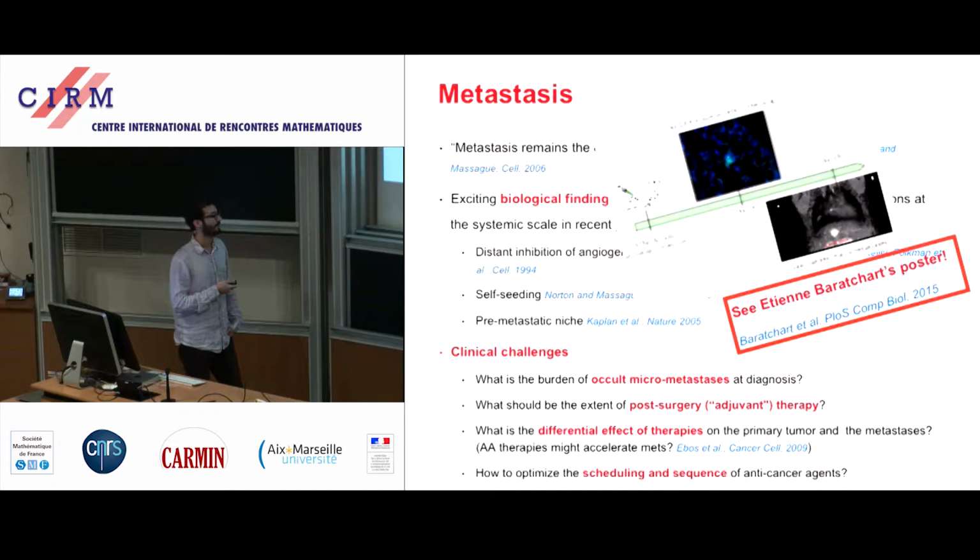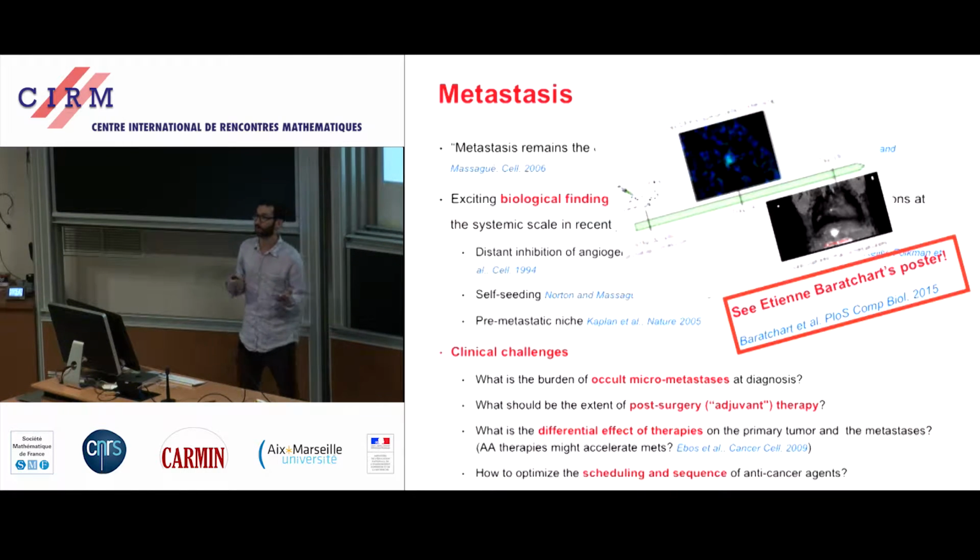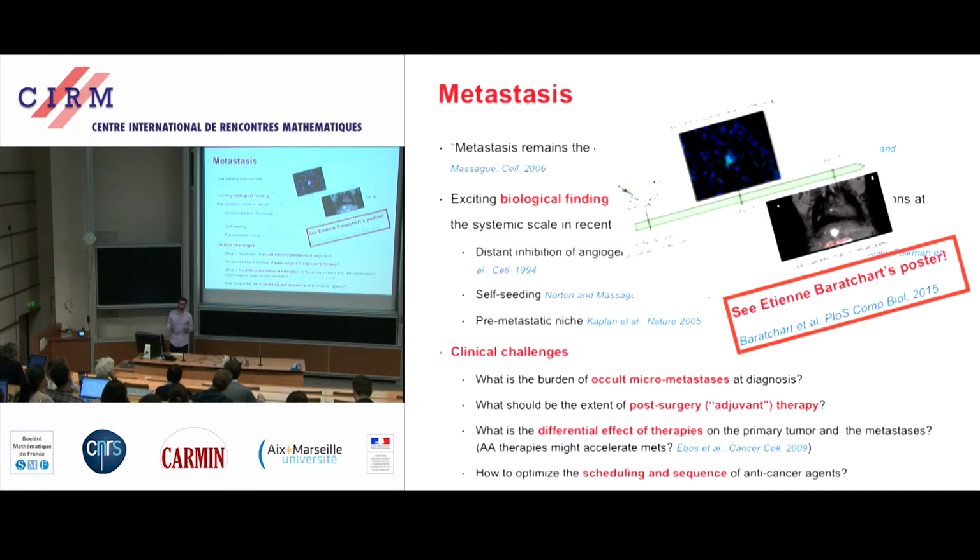Another question that has emerged, especially in the last 5 years, is what is the differential effect of therapies on the primary tumor and on the metastasis? Because in some instances it can be different, and in some instances it can even be very different.